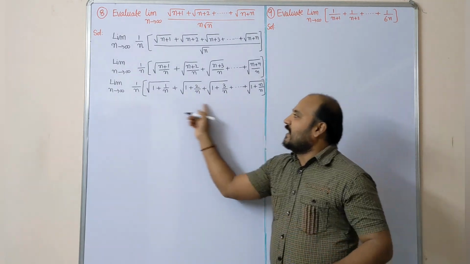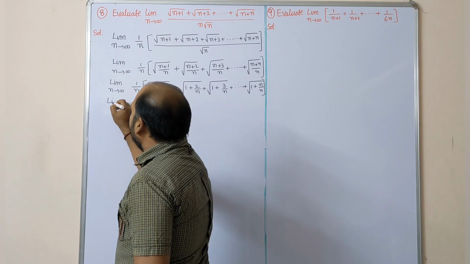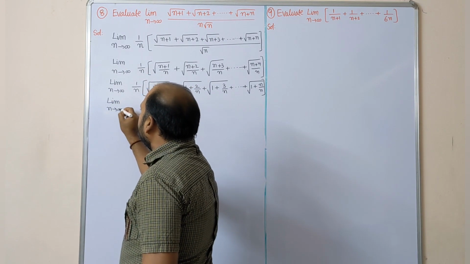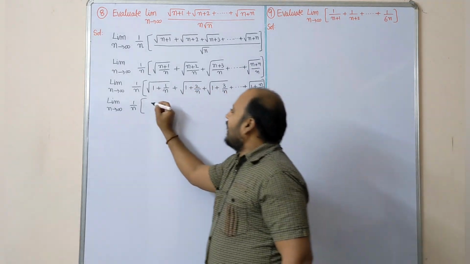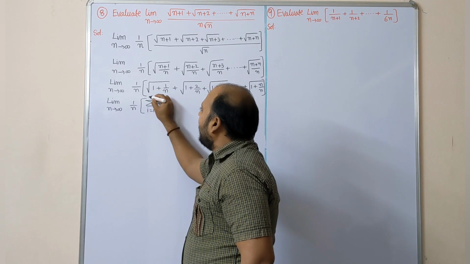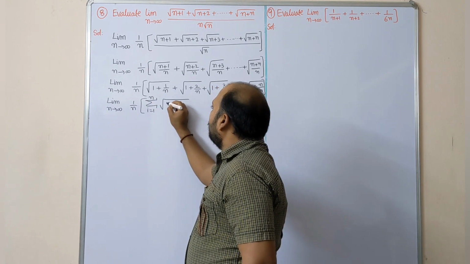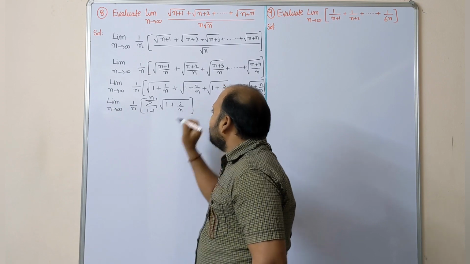I want to write this in sigma form. So summation, limit n tends to infinity 1 by n, this we can write as sigma i is equal to 1 to n root over 1 plus i by n. Am I right?